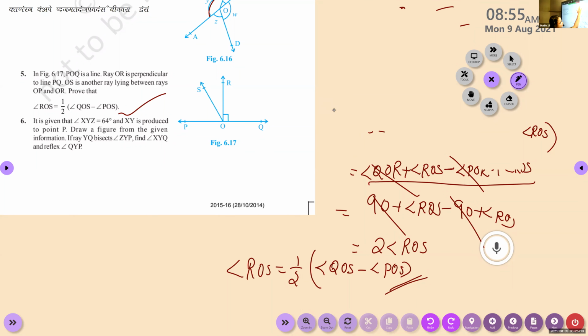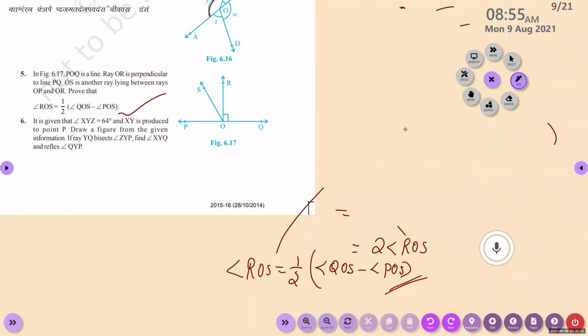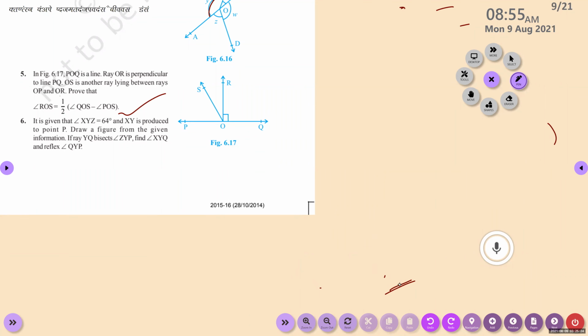Question number 6. Can I rub this? Did all of you write it? Yes, ma'am. XYZ equal to 64 and XY produced. That question figure is not there. See the question. Draw a figure from the given information. So you have to draw the figure.